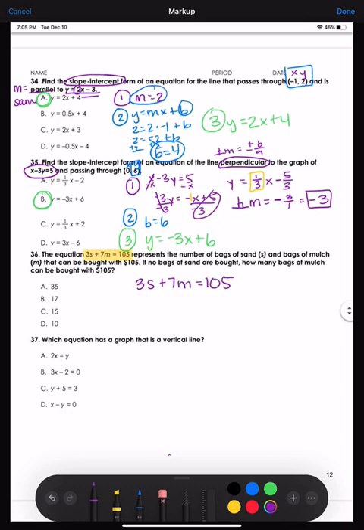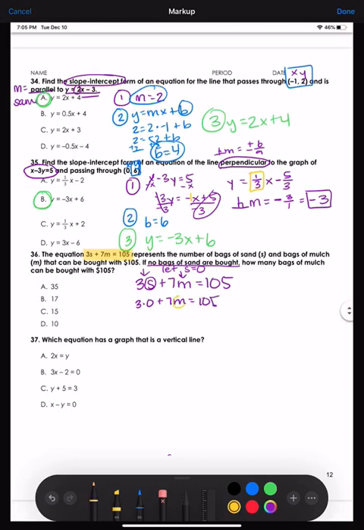So, number of bags of sand. This is sand, and this is mulch, okay? And it's saying if no bags of sand are bought, no bags means that s for sand is going to equal 0. So I'm going to let s equal 0 right here. So I'm going to do 3 times 0 plus 7m equals 105, and I'm going to see what m equals.